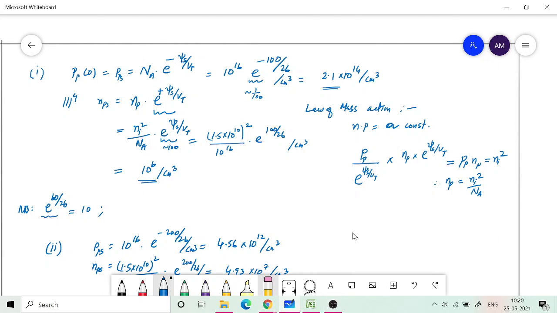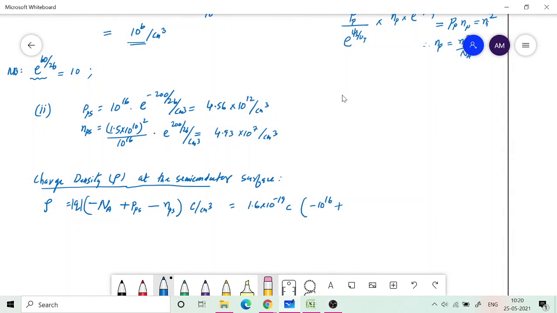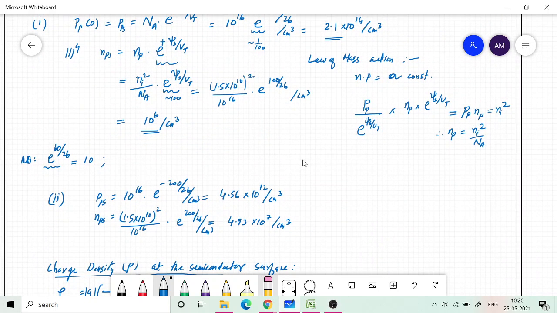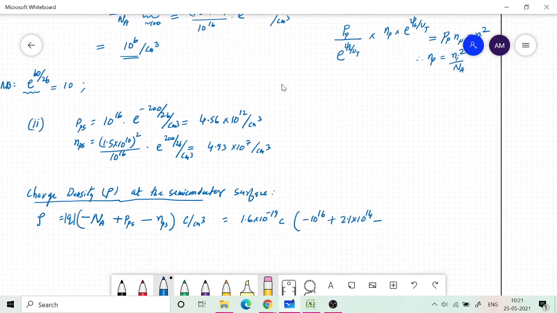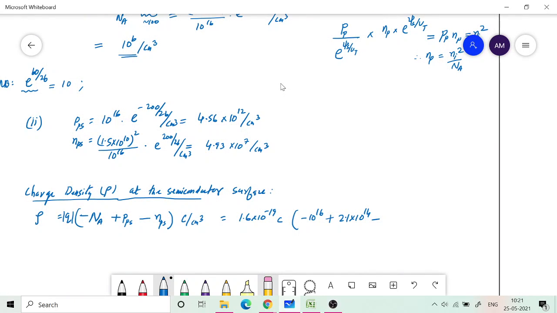That is our PPS. Then electrons were very small, very negligible. Even if you don't write it, it is fine because it is 10 raised to 6. So minus 10 raised to 6, per centimeter cube, so coulomb per centimeter cube.